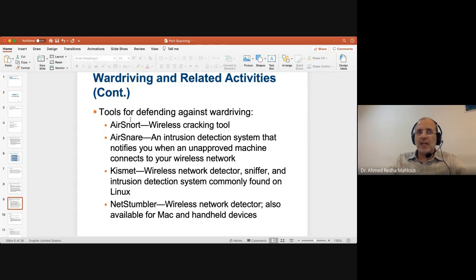Some applications are used to crack wireless access points. Some of them can be used to detect whether someone is trying to access your access point, your wireless network, and so on. These are some of the applications that can be used by a security person to defend against wardriving. Okay.